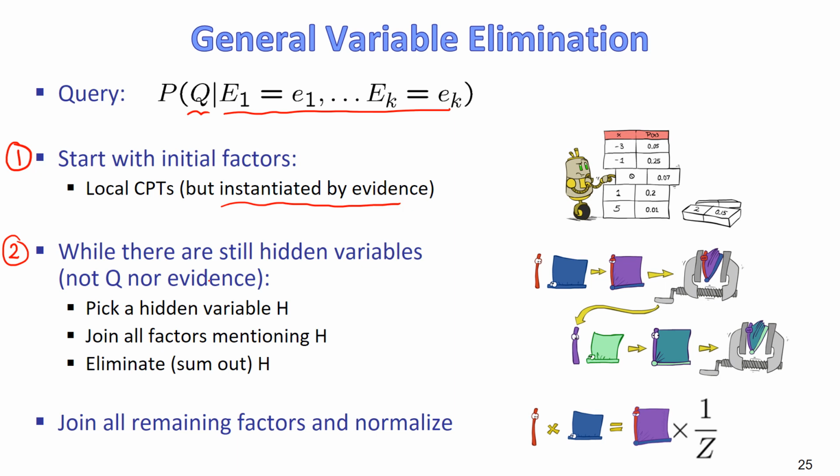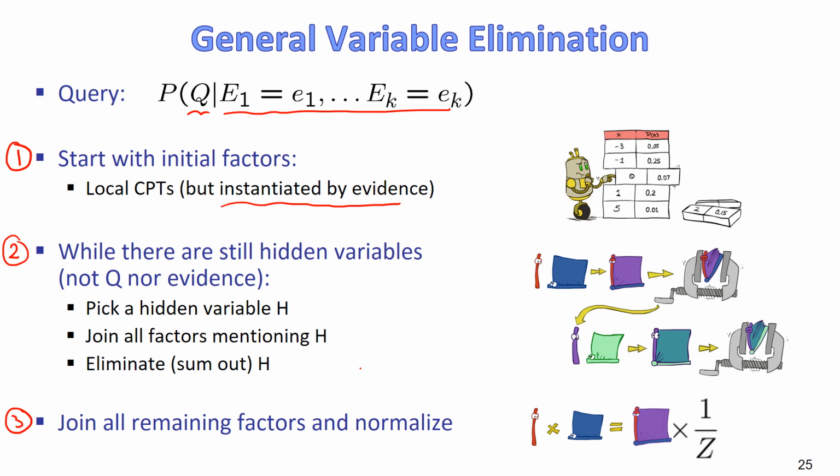After that, we will still have some factors alive. We join all of these factors and then normalize. That's the third and last step. So that's the whole general variable elimination procedure.